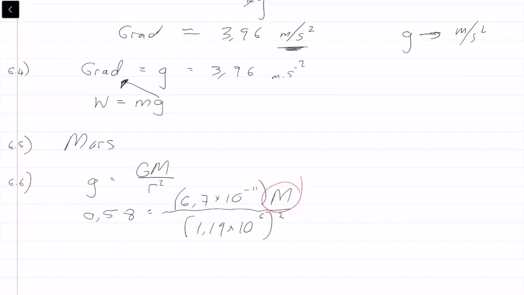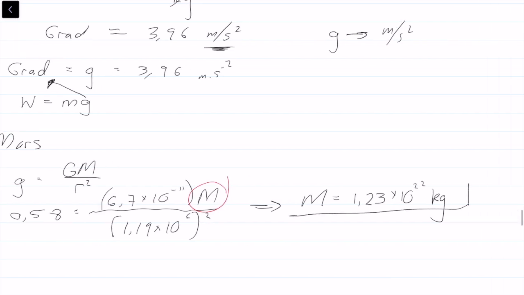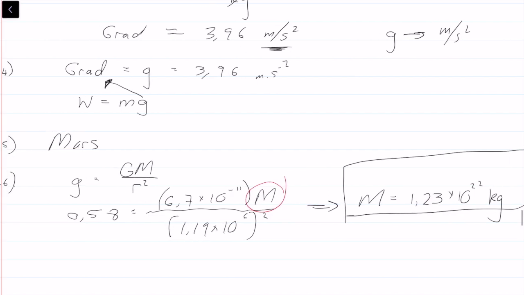The only unknown is m, so we can solve for m, and the mass comes out as 1,23 times 10 to the 22 kilograms. That is the final answer.